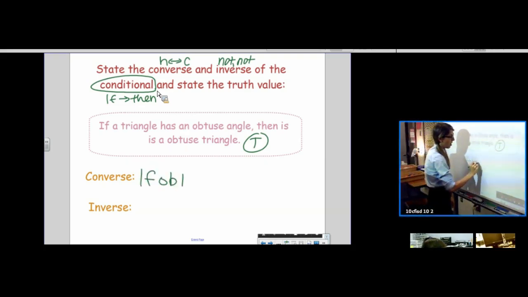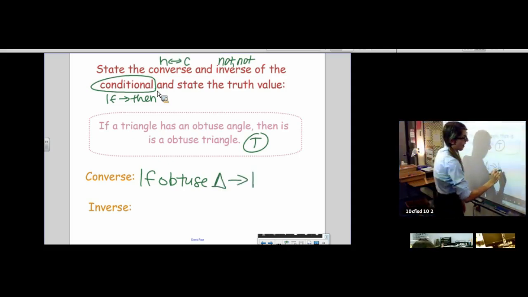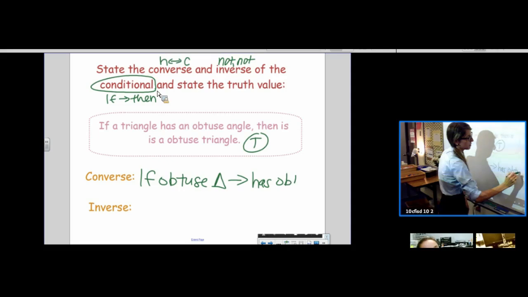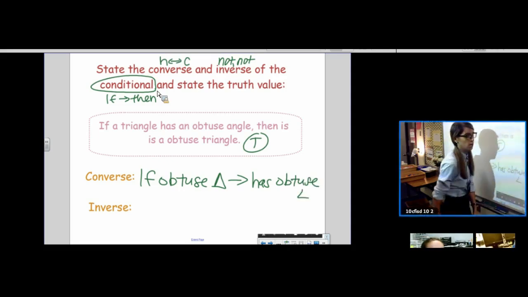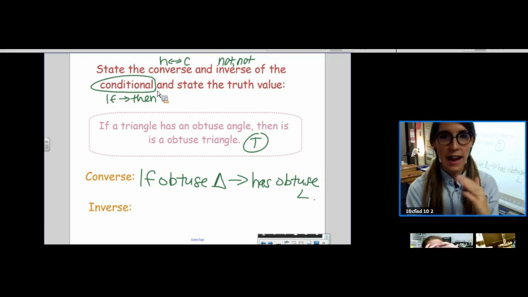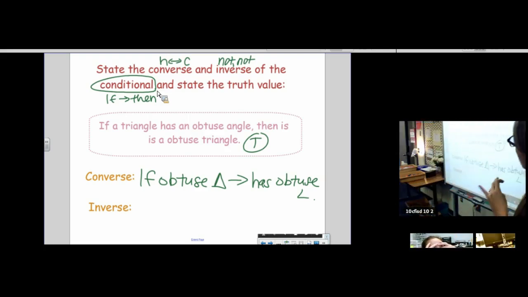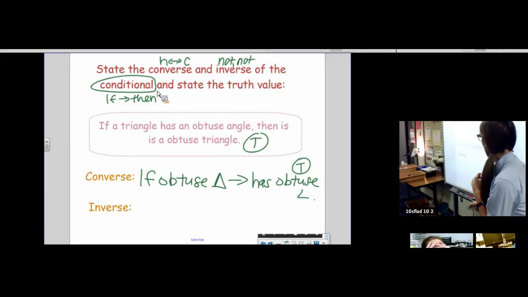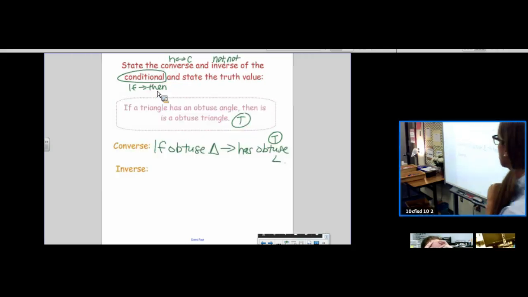If it is an obtuse triangle, then it has an obtuse angle. And you know I'm writing shorthand just to get through the lesson. If you had a quiz, you would write out every word, okay? If it's an obtuse triangle, then it has an obtuse angle. Check. True. And now let's write the inverse.